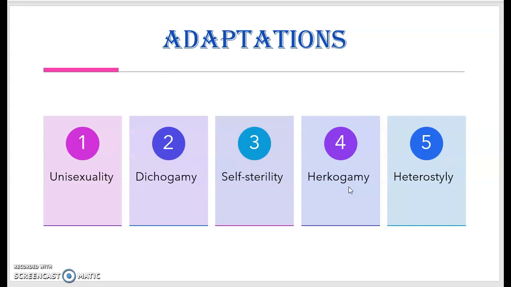Either that stigma may have a hood-like structure to stop the entry or the deposition of pollen onto the stigma, or sometimes the pollen grains will face outside the flower so that when they mature and burst, they will never deposit the pollen grains onto the same stigma. So this is hercogamy.